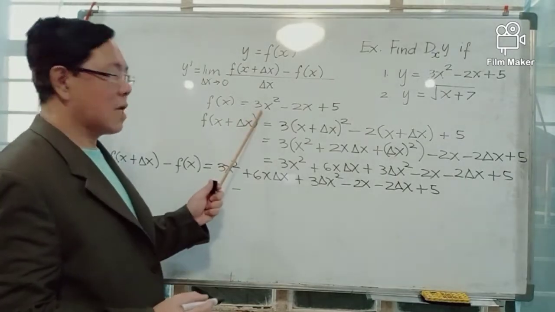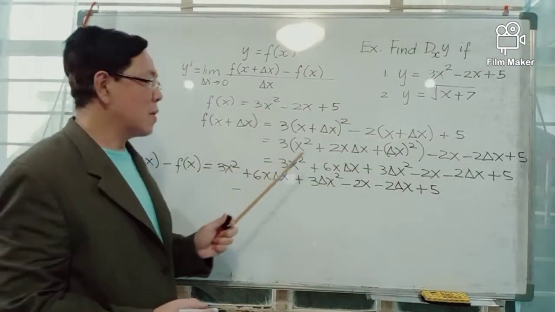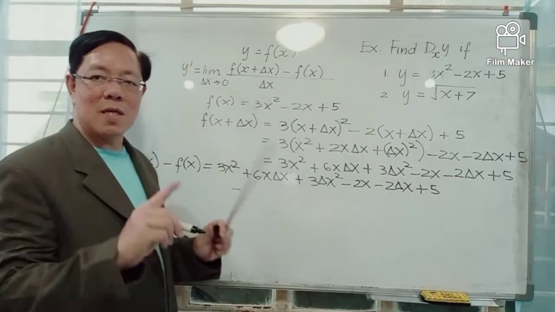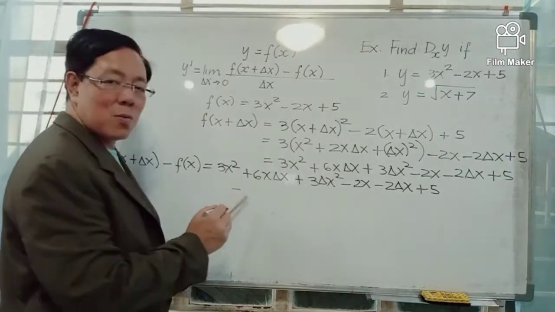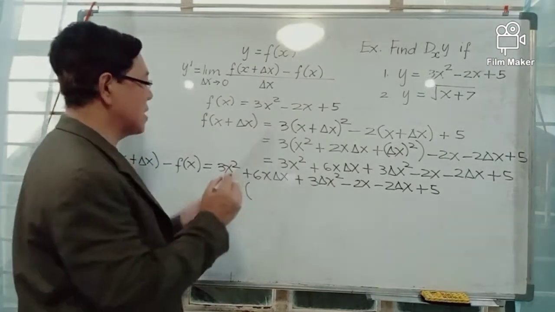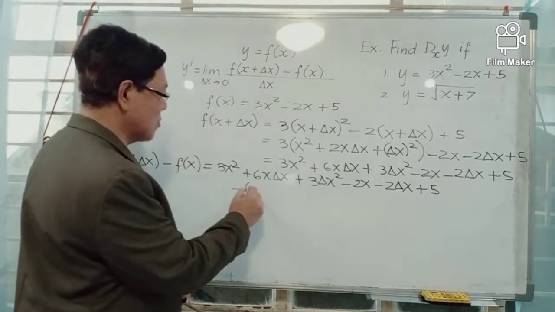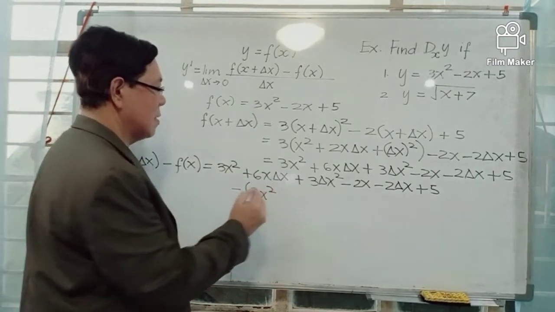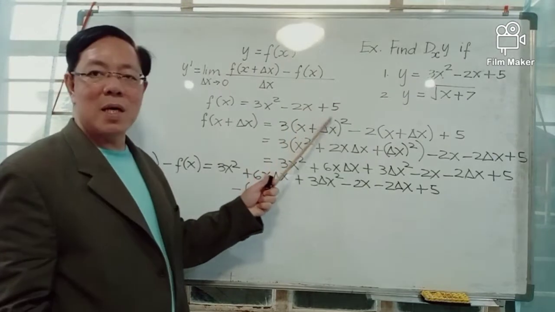Since f of x has 3 terms, we write these 3 terms in parentheses. We take the negative of the 3 terms of 3x squared minus 2x plus 5.